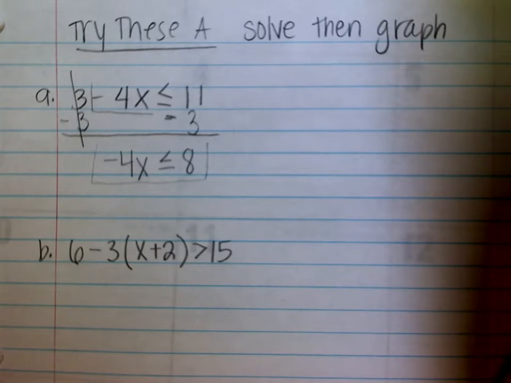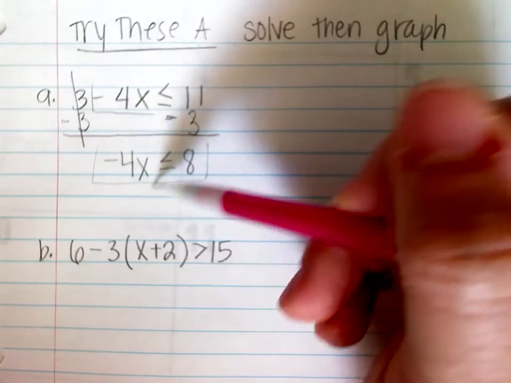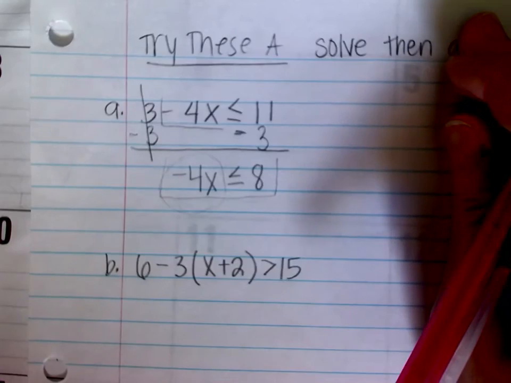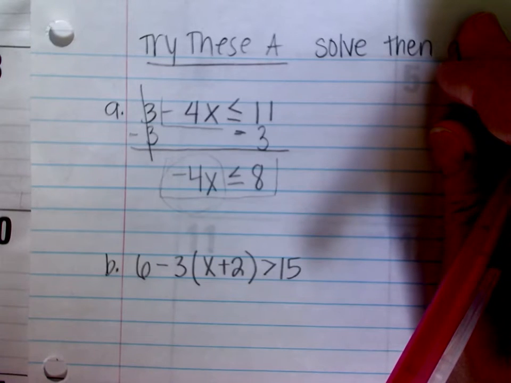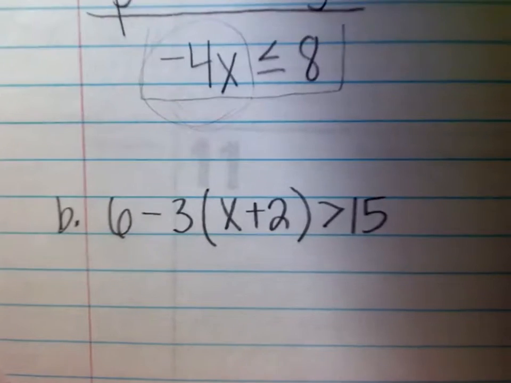What's being multiplied by x, Rosalind? I don't see 4. Does anybody else see 4? Nope. You're looking right here, right? What number do you see? X is a variable. What number do you see next to x?